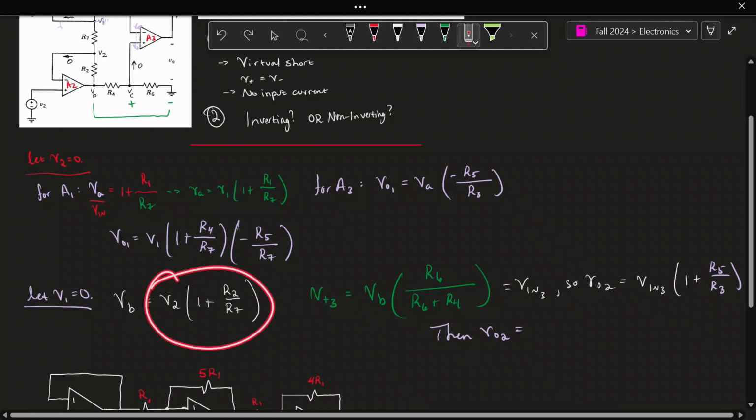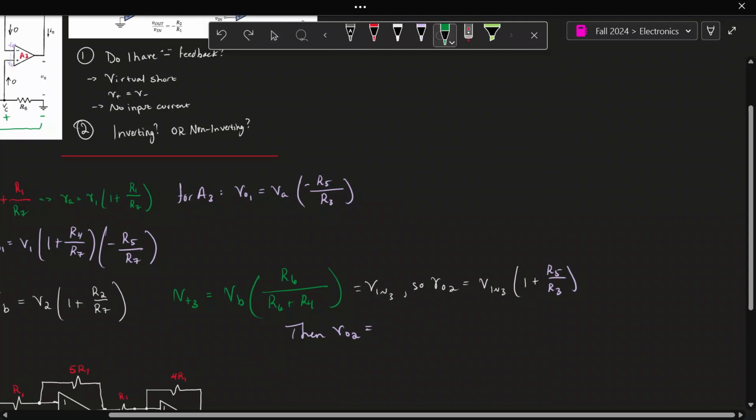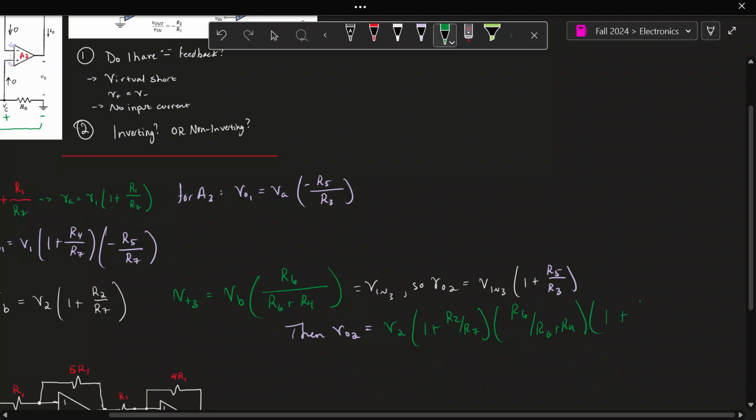VB is equal to V2, that's what we need. So VB, which is V2 times 1 plus R2 over R7, times R6 over R6 plus R4, times 1 plus R5 over R3.